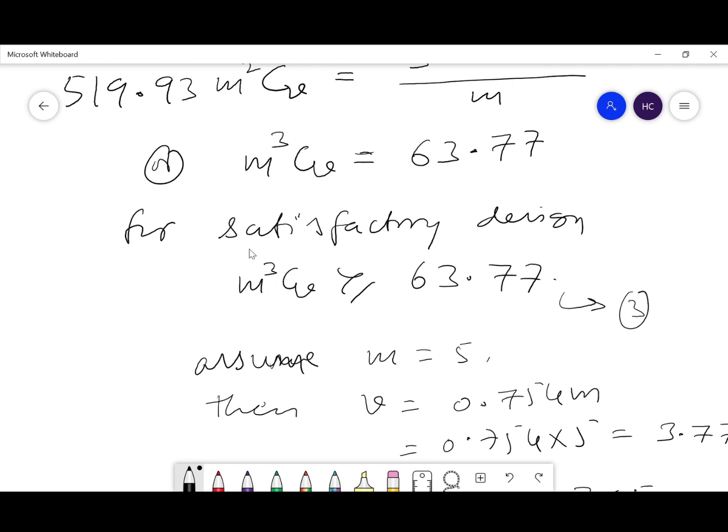Now let us take 2, that is 4 is the LHS, and if you consider 3 as module, that is 13.5 as LHS. If you consider 4, 32 will be the LHS because Cv is 0.5. Let us assume m is equal to 5 now, because 4, 3, 2 are very less. Let us try with m is equal to 5.